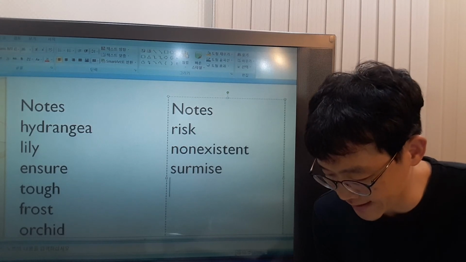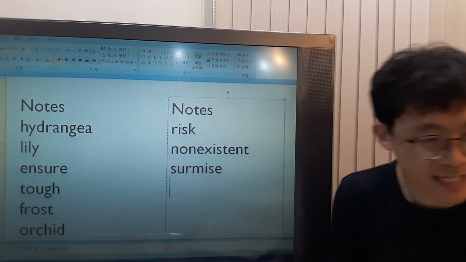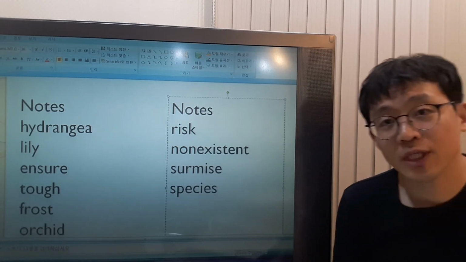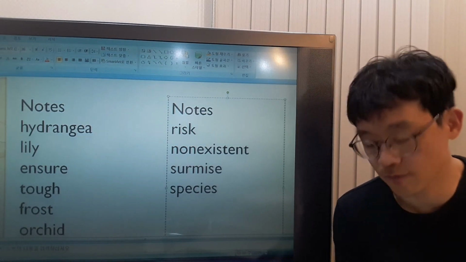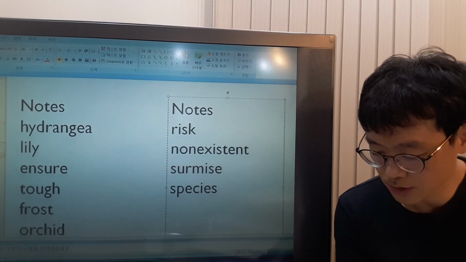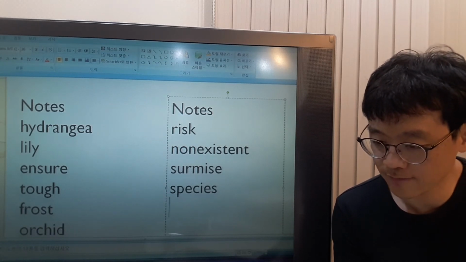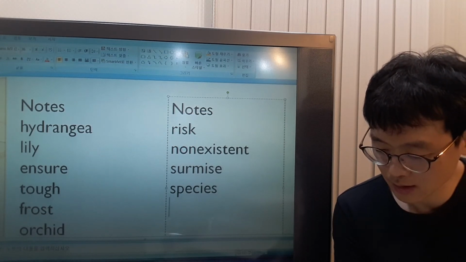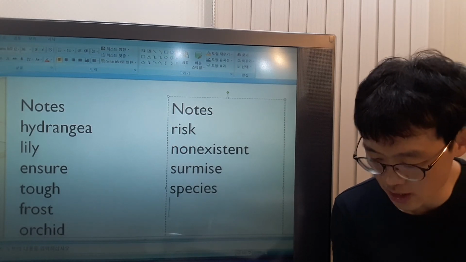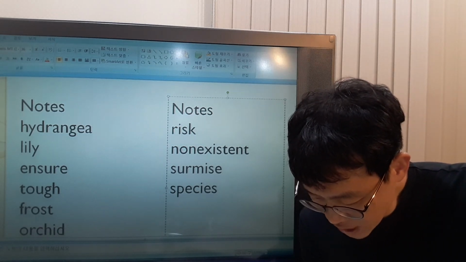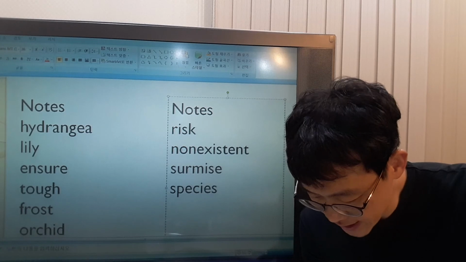Each species has its own cycle and timing. Each species, what's a species? Species is a class of animals or plants, all right, which have the same main characteristics, and they can breed with each other. Each species has its own cycle and timing.